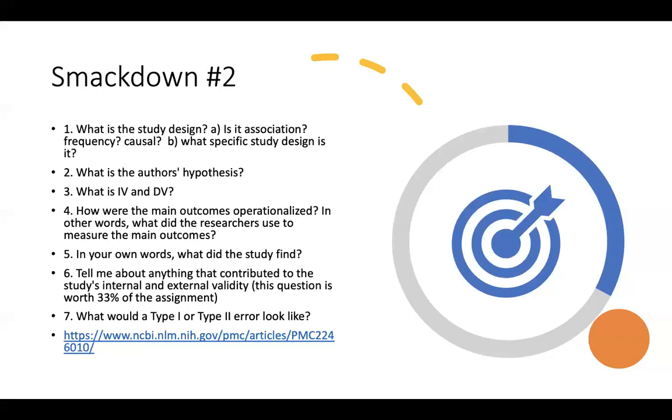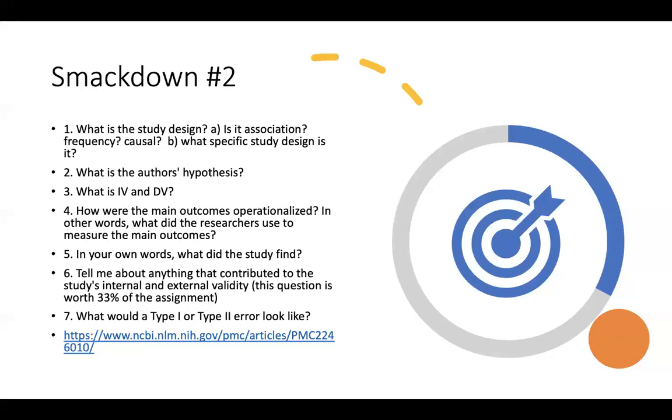Now, actually, the really cool thing about this article that I'm having you analyze right here is that it's very similar to your research proposal. It's actually a proposal of research that they're going to do. So the article is a description of their study that will happen in the future. And if you notice in the discussion, it says these are the things we're going to look at.